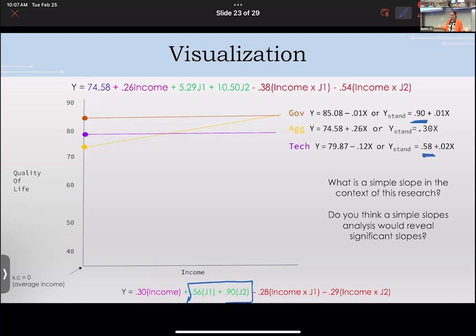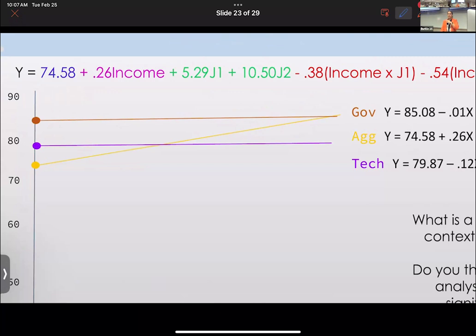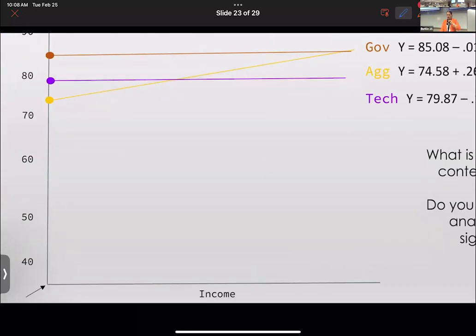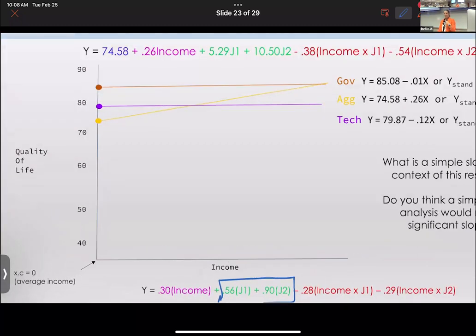Do you think the simple slopes analysis would reveal significant slopes here? For which one? My hunch here is that the slope between income and quality of life for agriculture, so the yellow line, would probably be significant and positive. A 0.30 slope, right? So for agriculture workers, as income goes up, your quality of life increases.